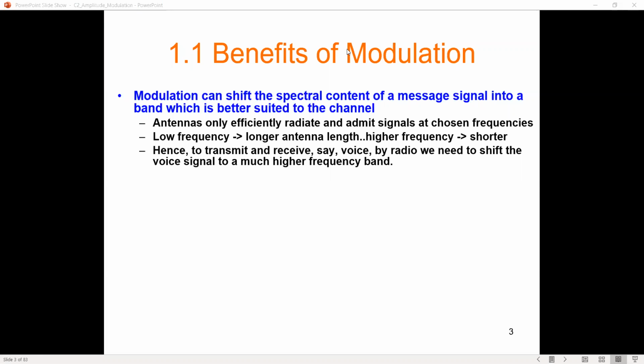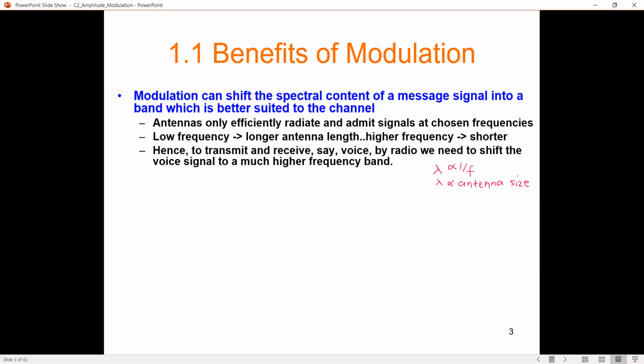Because of the inverse relationship between lambda, wavelength, and frequency, if our lambda is larger then f is shorter and vice versa.